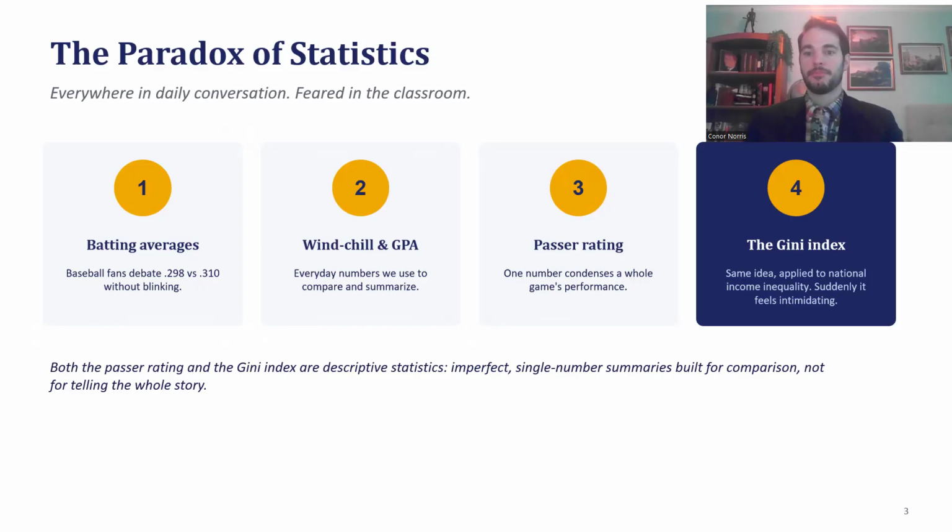Now, we may have differences in opinion over what level of income inequality is good or bad. Different preferences are okay, just like we see with different sports statistics. But what we're doing here is comparing some sort of tangible number. So if you're comfortable with a passer rating or a GPA, you're already halfway to being comfortable with the Gini index.